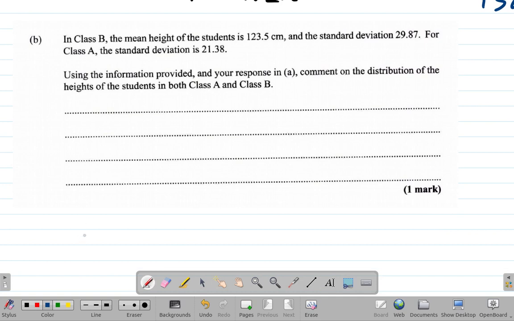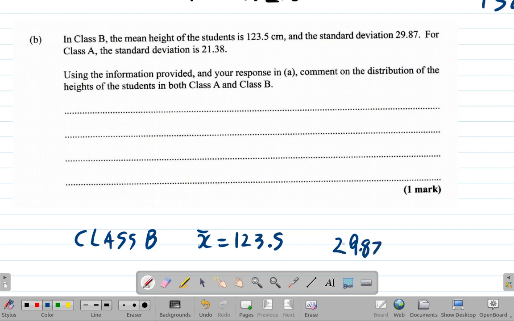So class B, the mean height, so bar x, is 123.5 centimeters. I won't bother to write the same here because I don't want too many things crowding the writing here. The standard deviation is 29.87. So they use sigma for standard deviation.